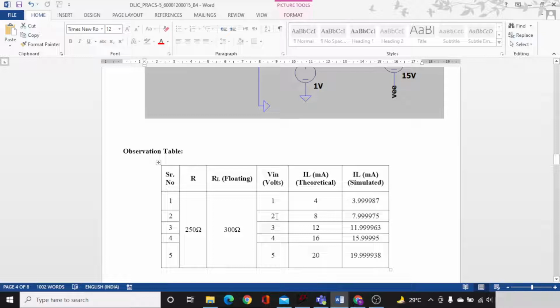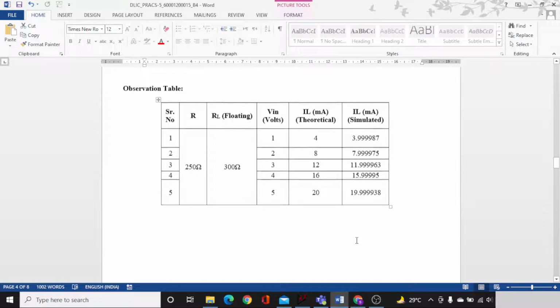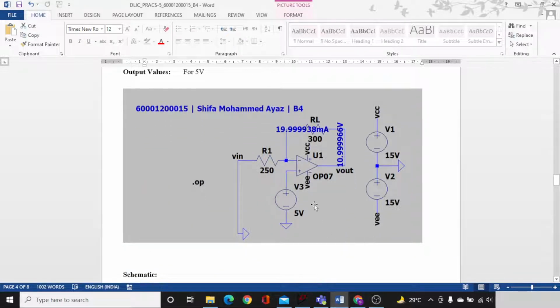Similarly, when I give my input voltage as 2, I would be getting my current to be 8 milliamps theoretically, and practically I'm getting it as 7.99. So the value won't be exactly the same, but it would be closer to it. Similarly for 3 and 4 I've got these values, but when my input voltage is too large, the theoretical and practical values won't match, and the practical values will drop down in certain cases.